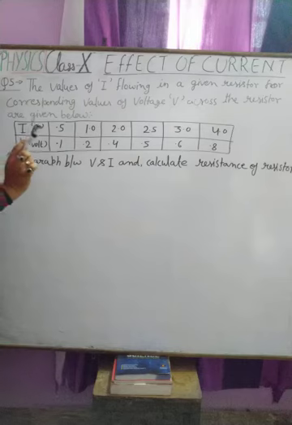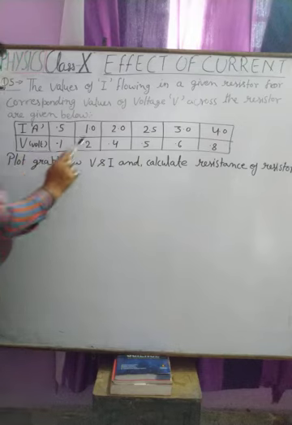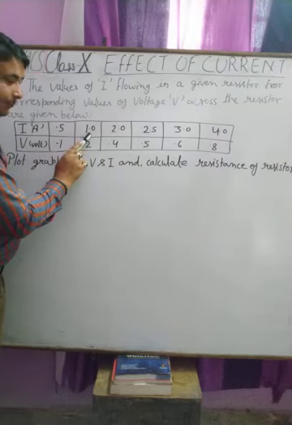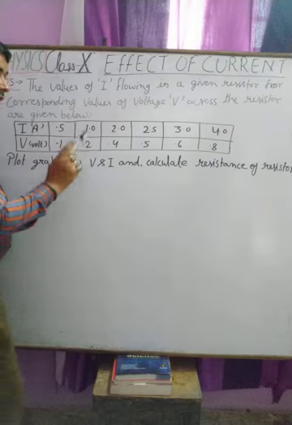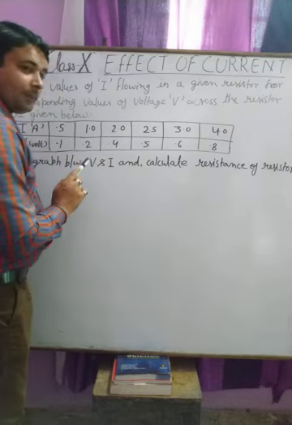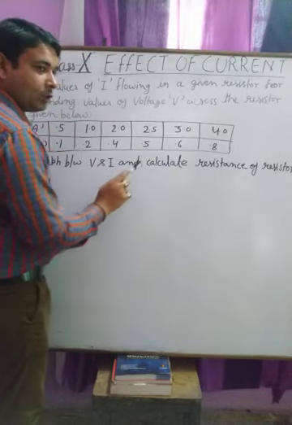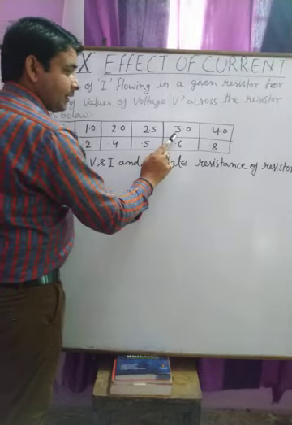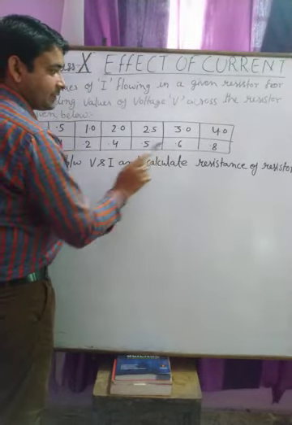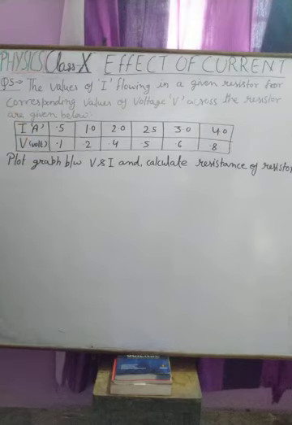When current is 0.5 ampere drawn by the resistor, the voltage is 1 volt. When current becomes 1 ampere, voltage is 2. When current becomes 2 ampere, voltage is 4. When current becomes 2.5 ampere, voltage is 5 volt. When current becomes 3, voltage is 6. When current becomes 4 ampere, the voltage is 8 volt.